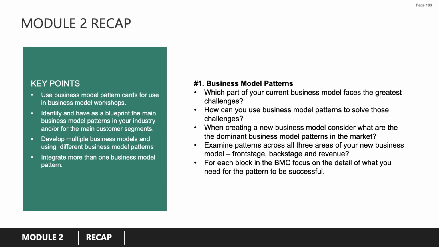How could we innovate? How can we change the delivery? How can we change how people pay? How can we change from owning cars to just using drivers? That was the thought process that business model patterns help you go through. So that's just a bit of a recap and some points to think about.